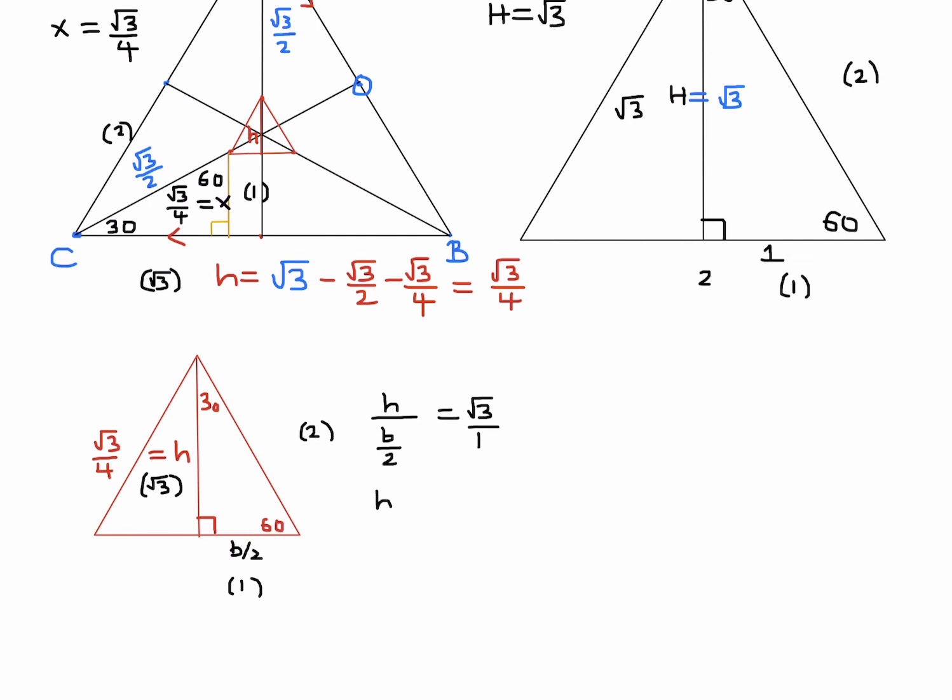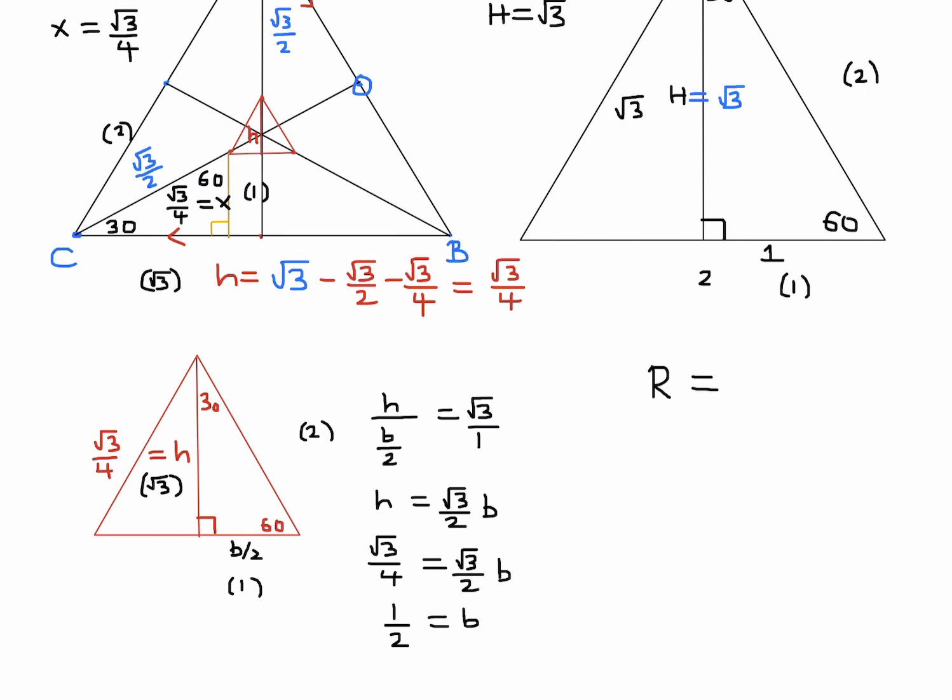So h is equal to root 3 over 2 times b, correct? And h we know is root 3 over 4. So therefore b, if you solve for this, is just a half. And that's it.